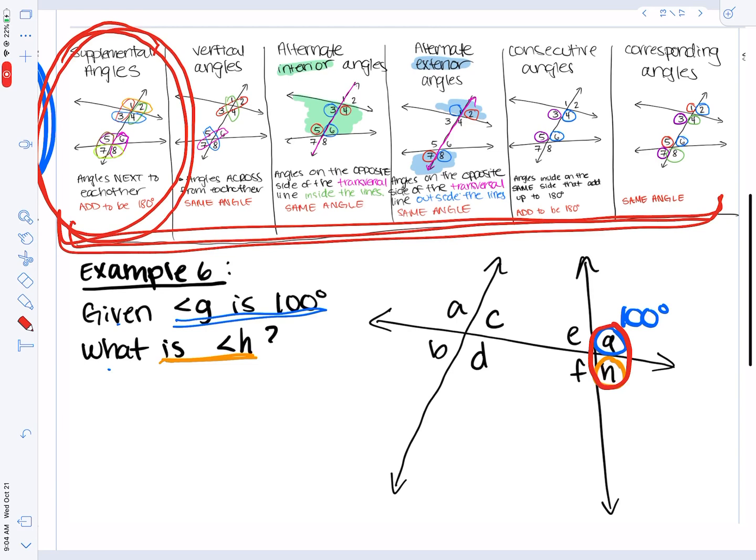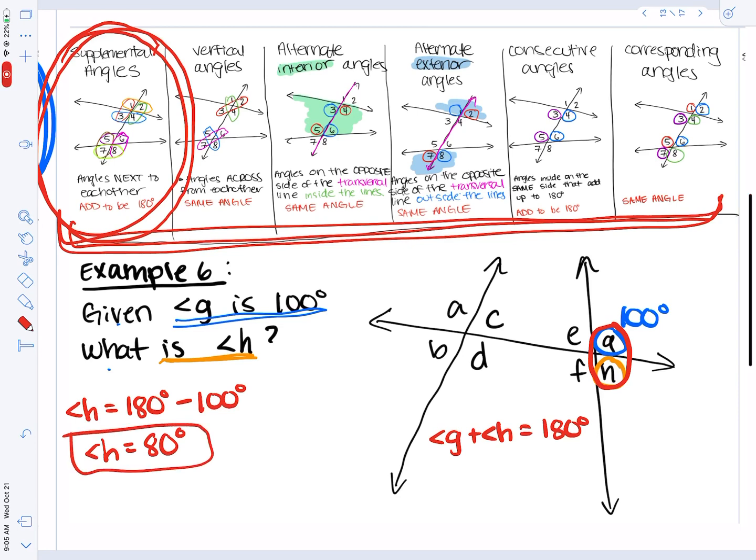So we know angle G plus angle H equals what? Very good, 180 degrees. So in this case, angle H equals 180 degrees minus 100 degrees, because we're working backwards. So what is angle H? It's going to be 80 degrees. That's my answer.